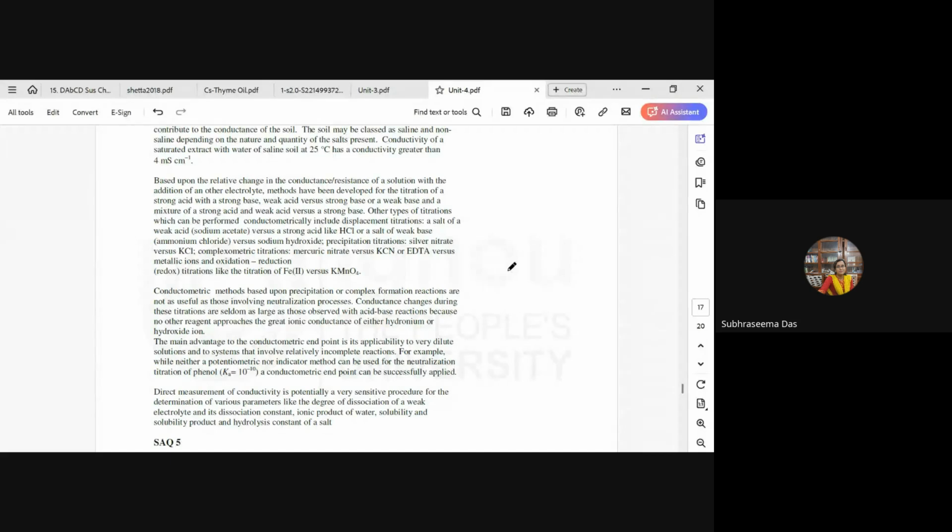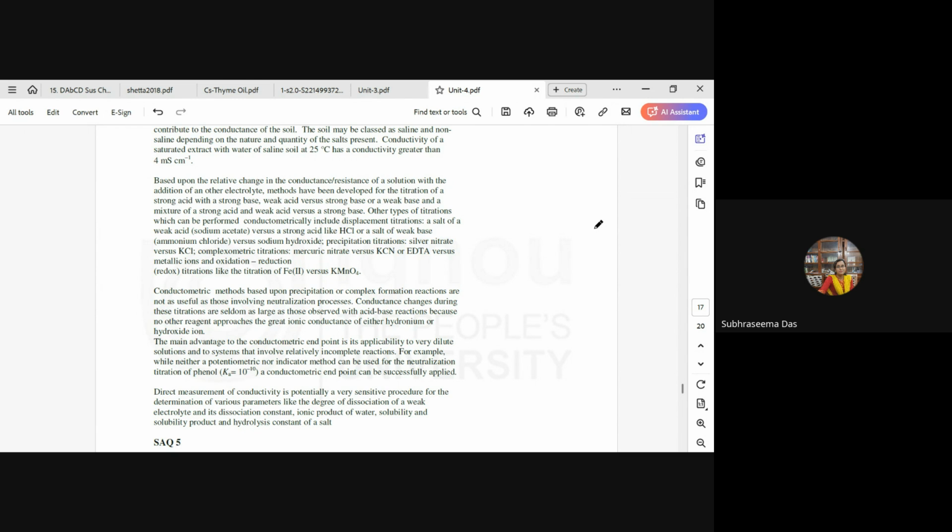Based upon the relative change in the conductance or resistance of the solution with the addition of an electrolyte, various methods have been developed for the titration of a strong acid with a strong base, a weak acid with a weak base or a strong base, and a mixture of strong acid and weak acid versus a strong base.